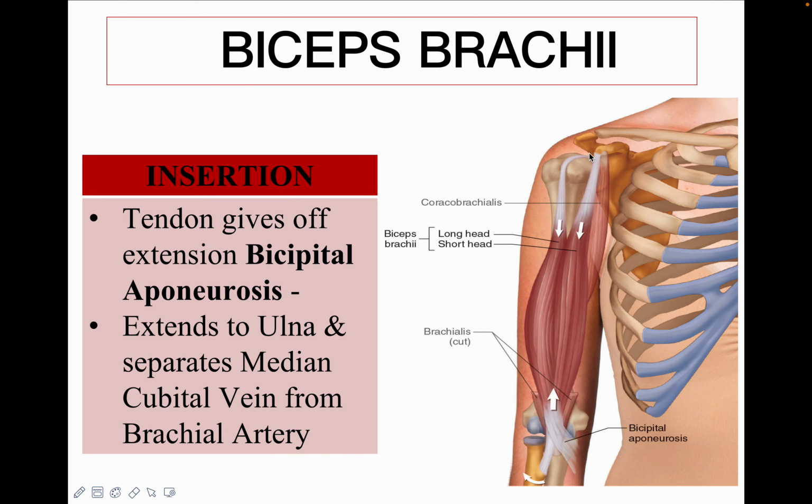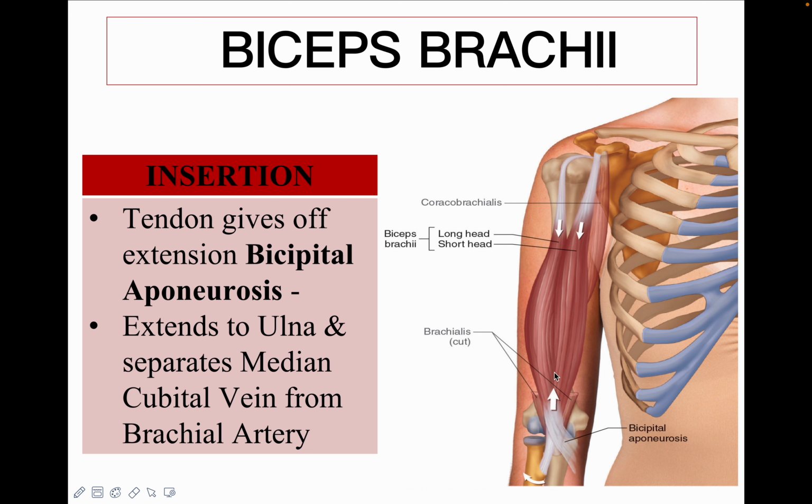The insertion of the biceps tendon is on the radius, but the tendon of the biceps brachii muscle gives off another extension which is known as the bicipital aponeurosis. A flat tendon is given off by the muscle and that tendon extends up to the ulna bone.